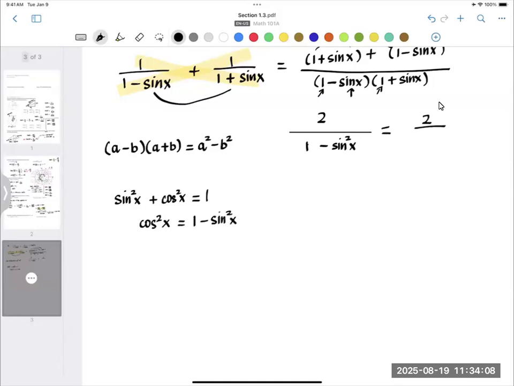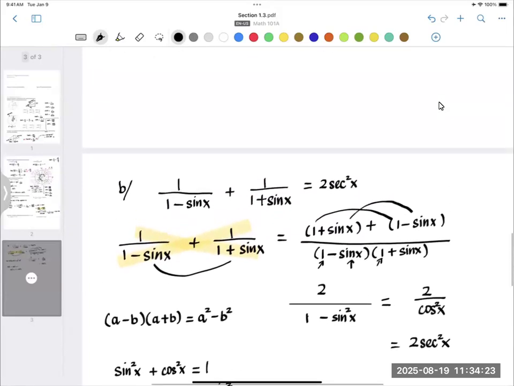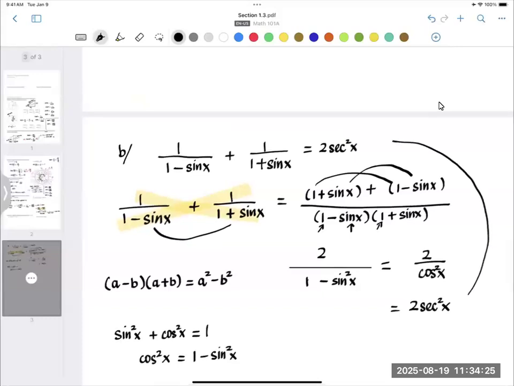So our expression finally becomes 2 over cosine squared. 2 over cosine squared is 2 secant squared, because secant is the reciprocal of cosine. Which is the right-hand side. So we have done the proof. We have actually already finished proving the identity.